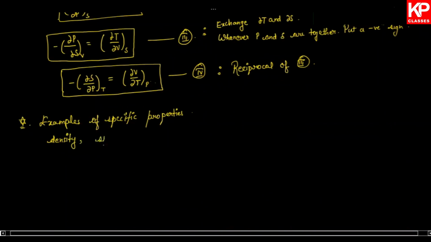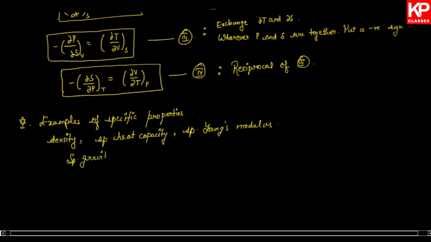Then specific heat capacity, definitely. Specific modulus, or specific Young's modulus, you can say. These three are the most common ones. Along with this, you can also write specific gravity and specific volume. So these are some common examples of specific properties.